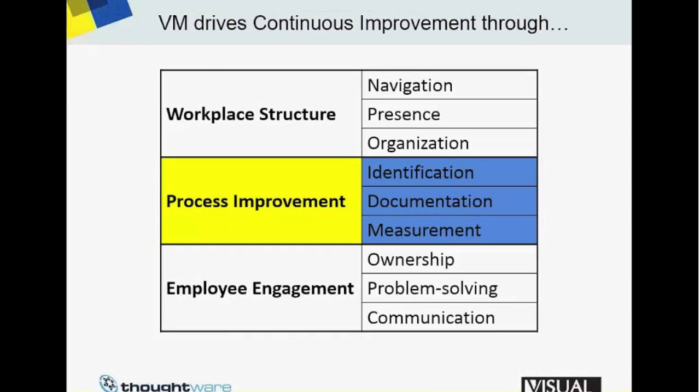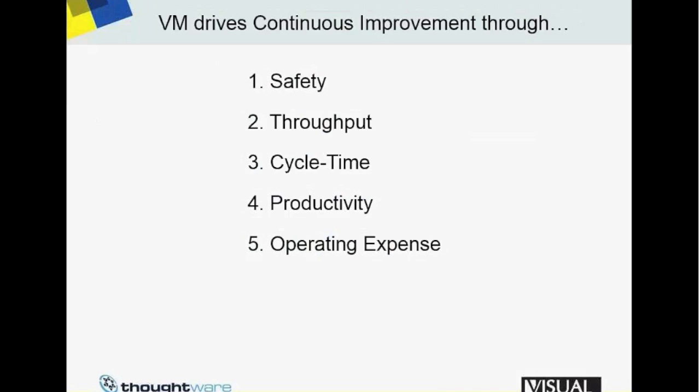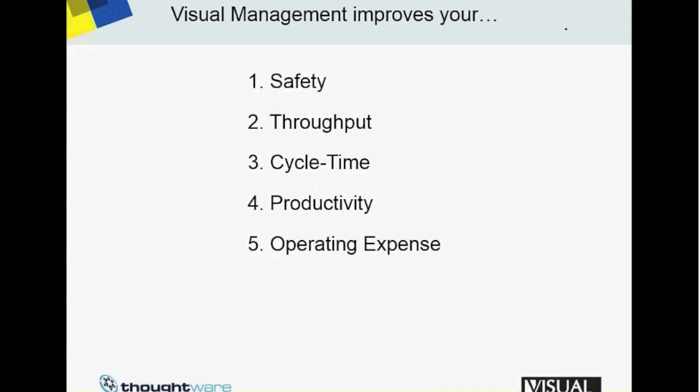In summary, we want our processes to be identified as to what we optimally want them to look like. We need to document it so that we can teach, and we need to measure it so we can problem solve variances. Always keep in mind the ultimate objective of performance improvement, of safety all the way through operating expense.